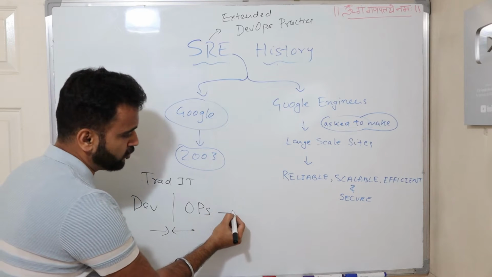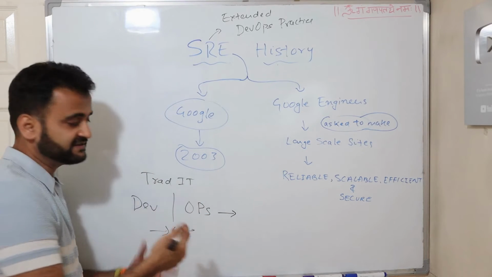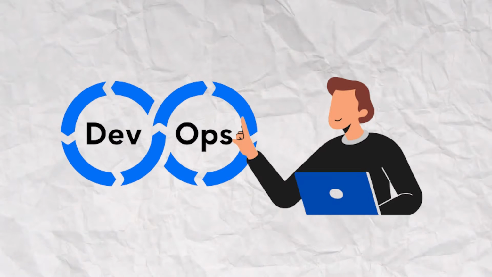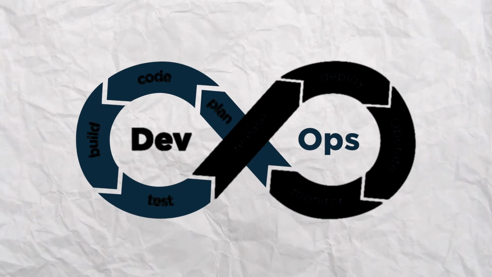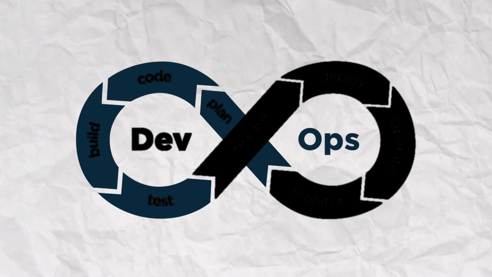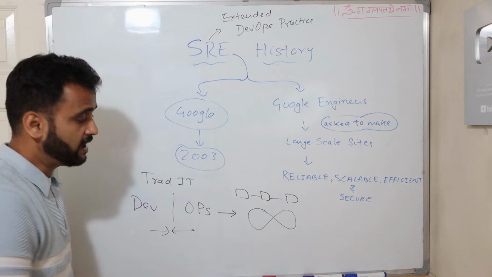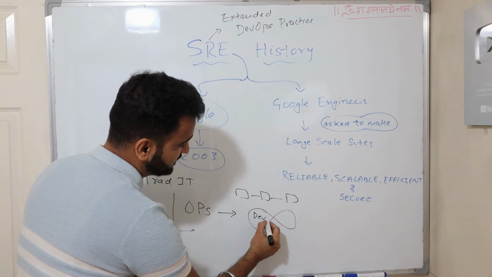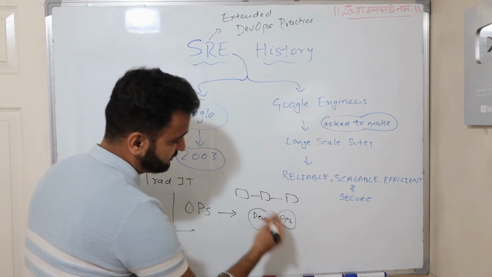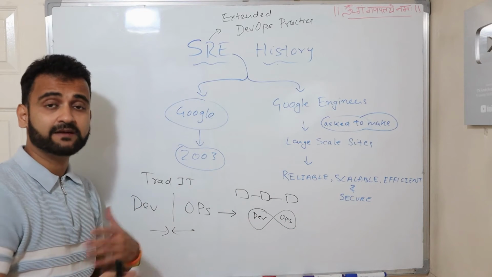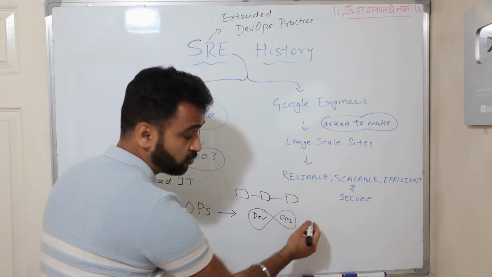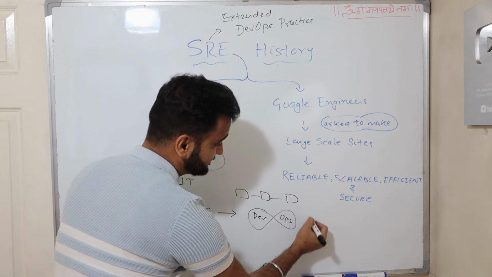So we progressed from this to a more standard DevOps practice where we were continuously building the code, testing it and deploying it. And these DevOps engineers were making sure that we would have fast iterations and more agility as far as deploying the code to production is concerned.